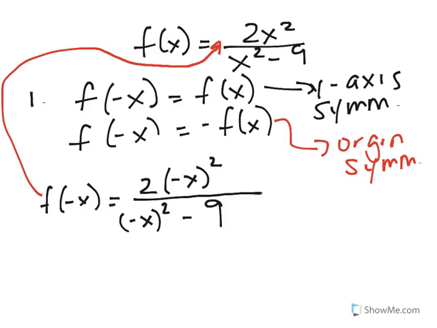So once I do that, I know my f of x is equal to 2x squared over x squared minus 9. So I can say that the graph is symmetric with respect to the y-axis. Why? Because my f of negative x is equal to my f of x. So that's why I can say that.